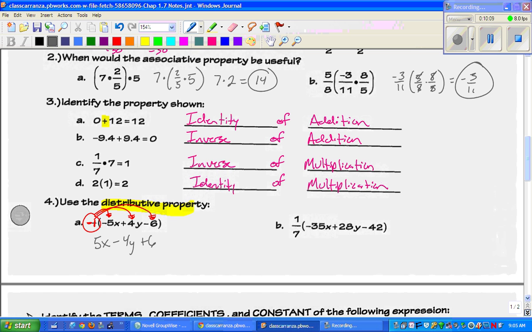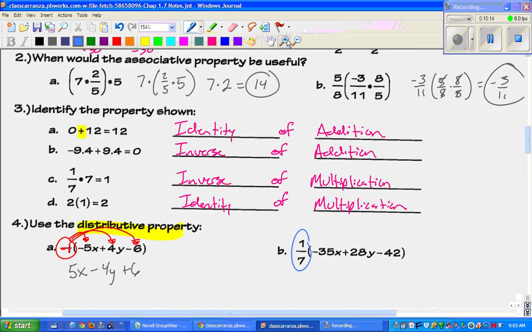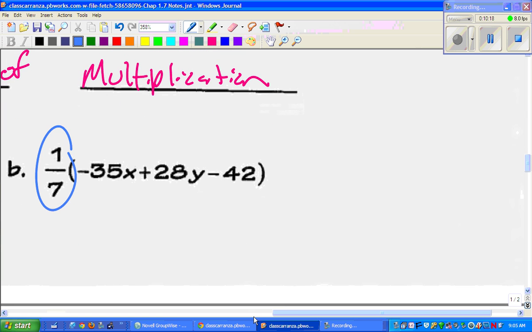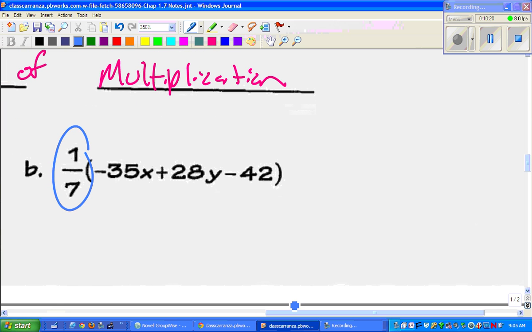Okay, same thing with B. You're going to take whatever number is outside. Let's zoom in on this one so I can have room to write everything. And multiply it by everything. Now, we're multiplying fractions, so I'm just going to make sure I rewrite those.